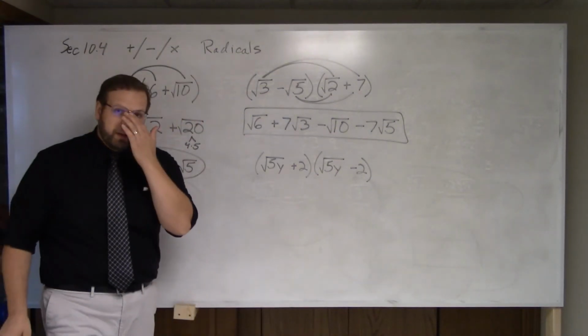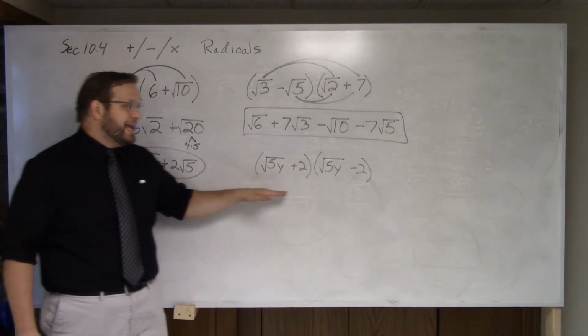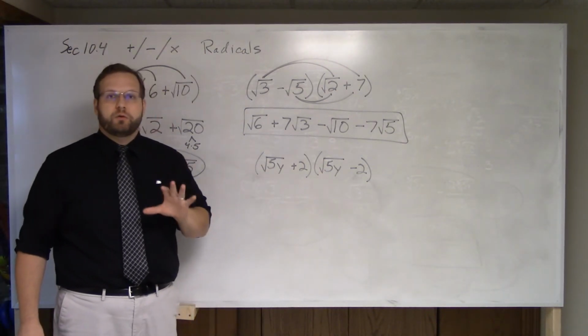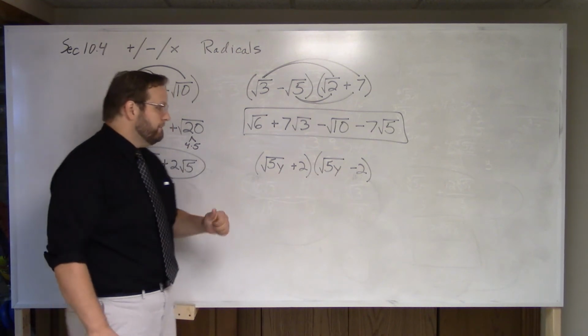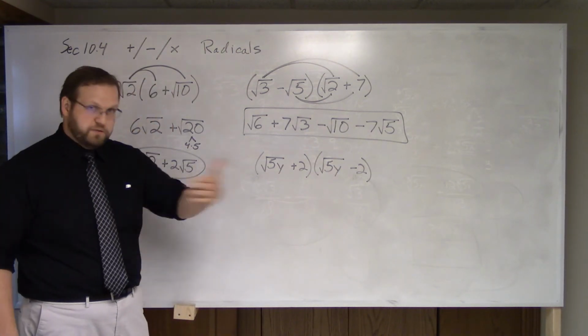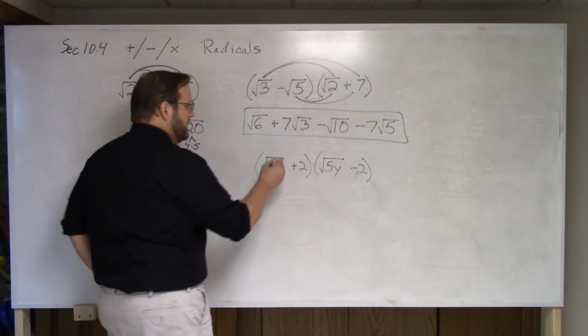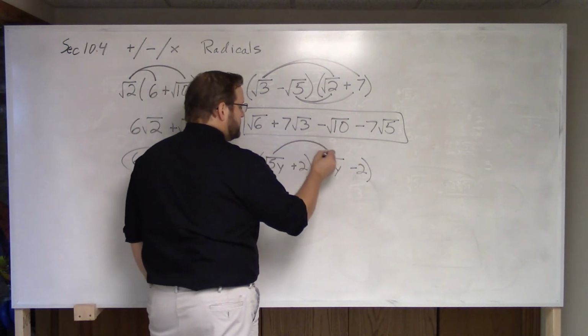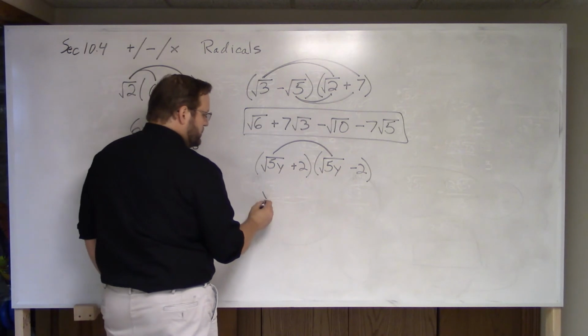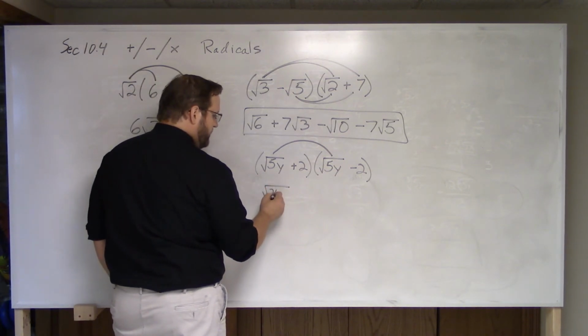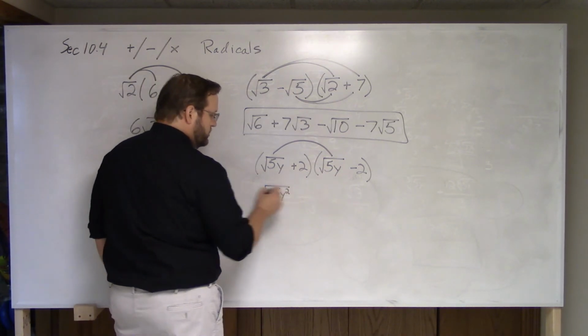Now I want you to pay very close attention to the outcome of this problem because that's going to be very important for the next section that we talk about. Okay, so when we do this foiling, how does that work out? Square root of 5y times square root of 5y is a square root of 25y squared.